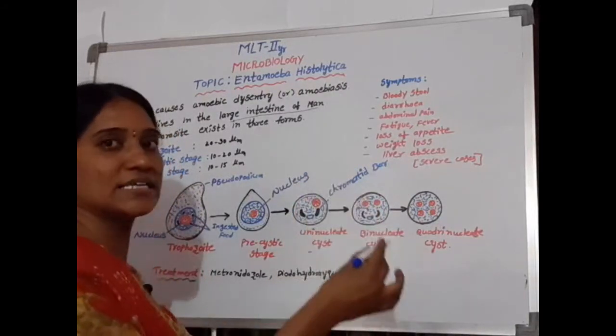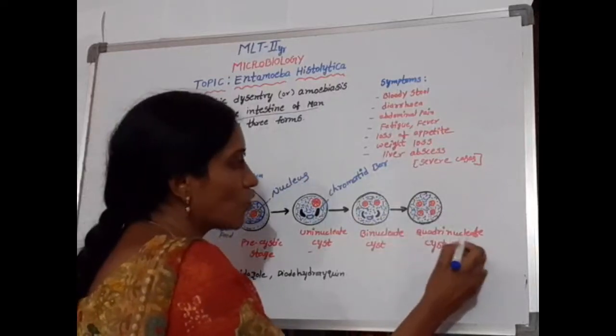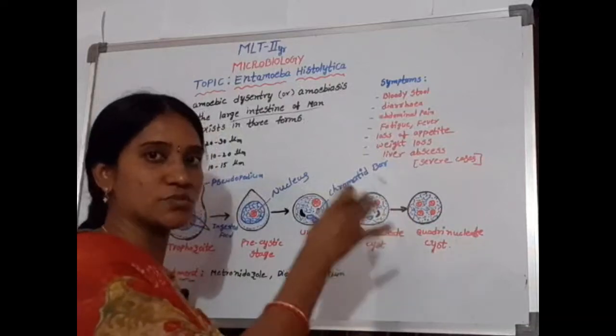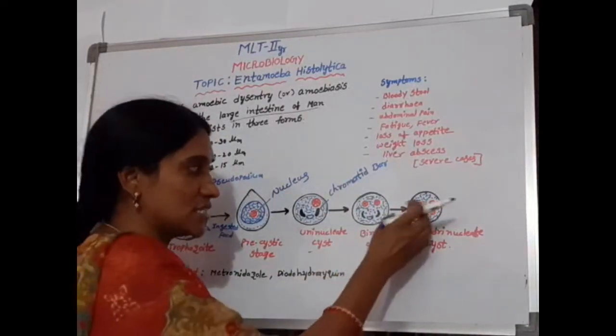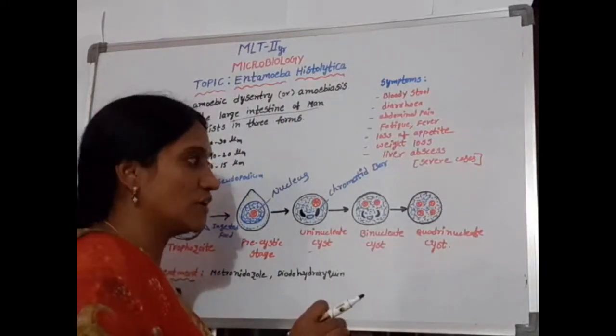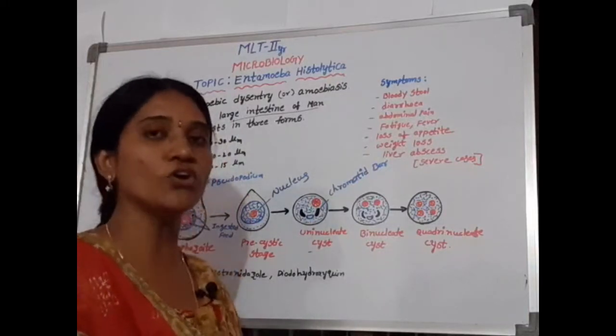The binucleate cell again divides into two, forming four nuclei, that is the quadrinucleate cyst. It is the infectious stage. It enters the fecal matter, and this fecal matter contaminates the water, and again they enter into humans.